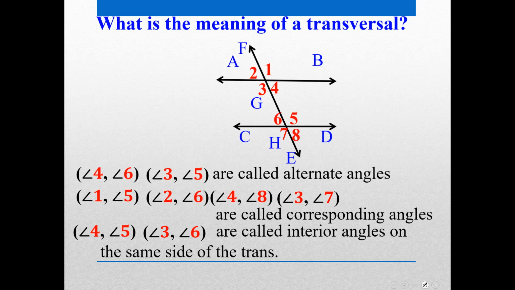When we search for interior angles, we search for two angles formed in the form of the letter U. So angle 4 and angle 5 are interior angles. Also, we have another two interior angles, angle 3 and angle 6.